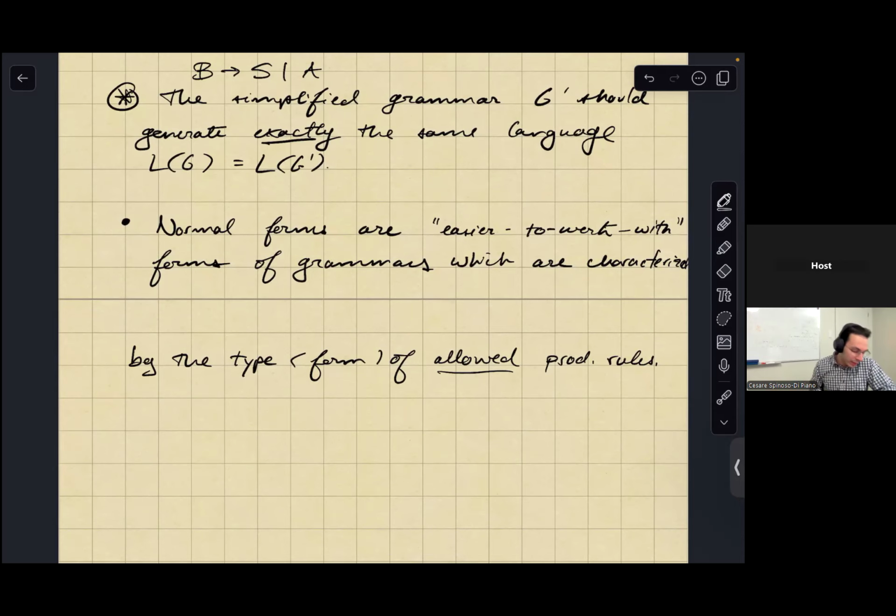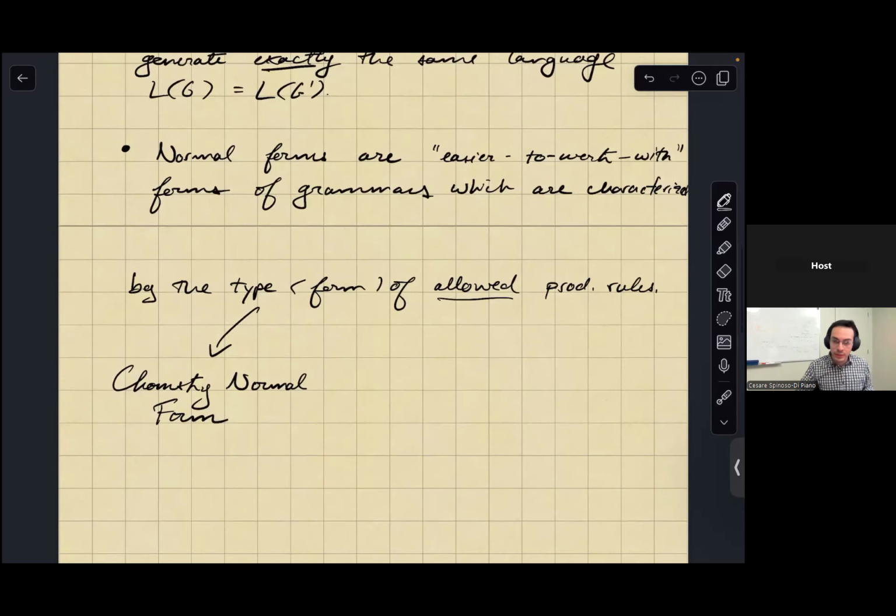And so, namely, there are two pretty important normal forms that in intro to theoretical CS classes are very often presented. The first one is known as Chomsky normal form, named after Noam Chomsky, who's a very famous linguist and also famous for other things.